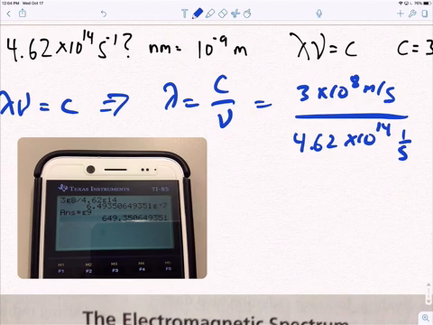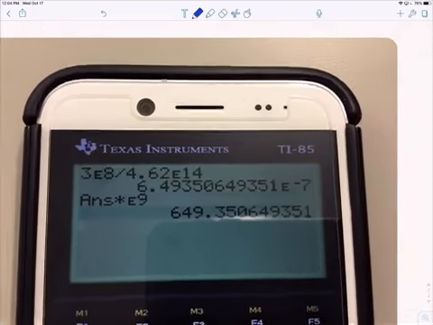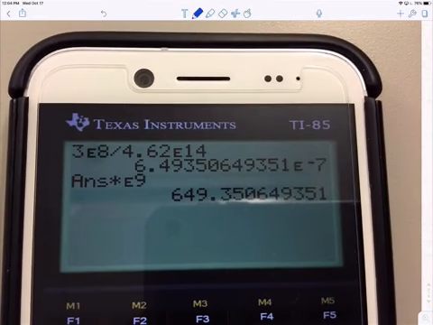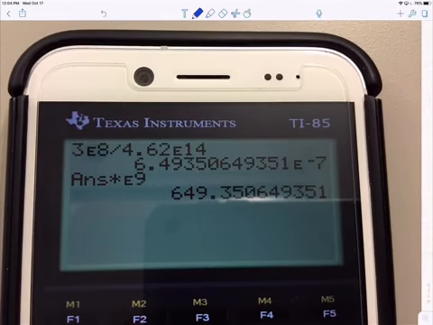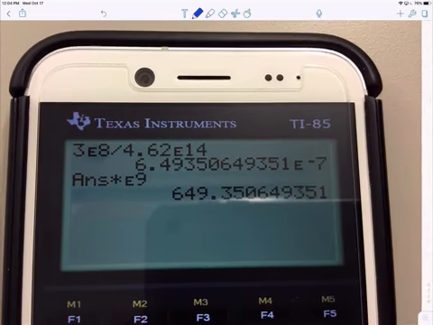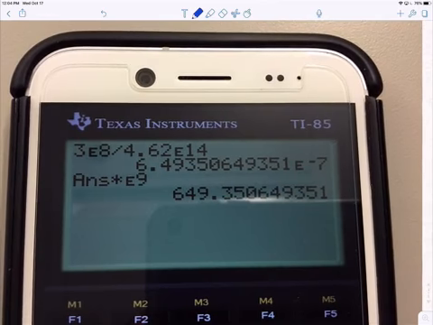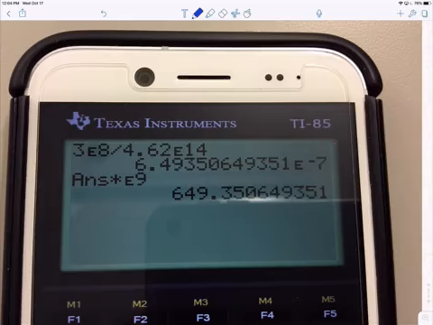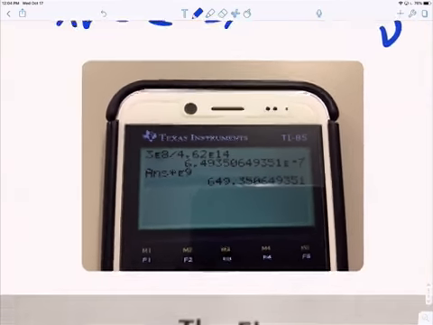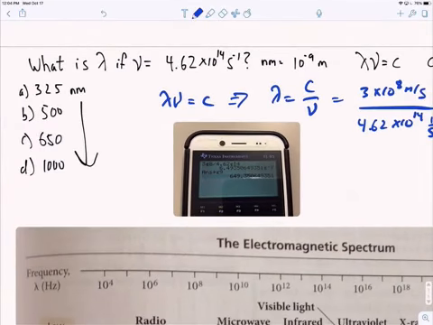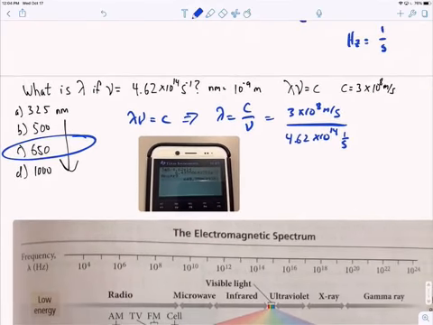I just put the speed of light, 3E8, divided by the frequency, and then multiply it by a billion. If you just hit an operation, it'll typically pick up the answer. Multiplying the wavelength by a billion will give you the answer in nanometers. So it's C here. Does anybody have any questions on how to do this?